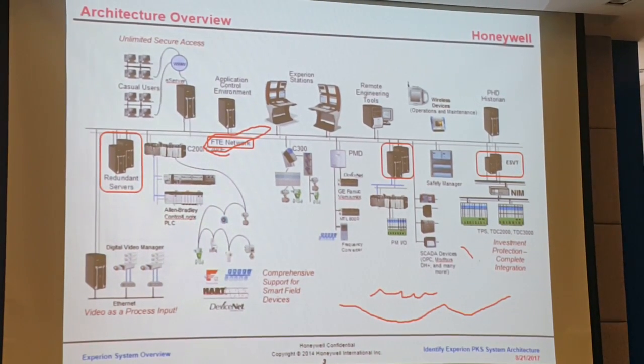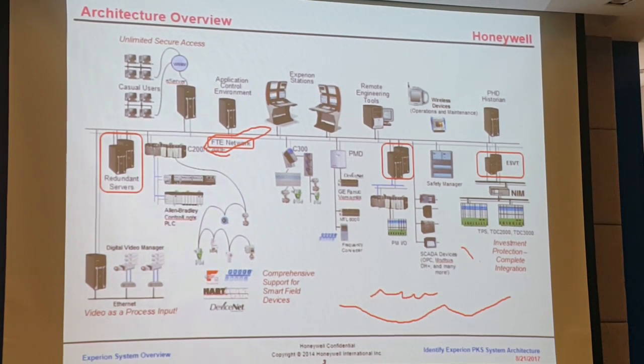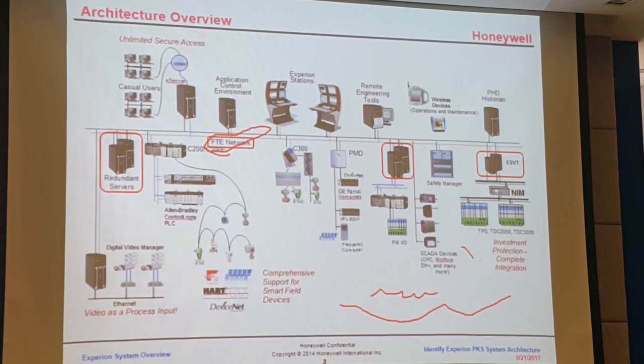We have made it more robust, and for instance, we have given the different components 4 different paths to communicate with each other. If one of those paths fails, the other 3 are still available. So we will get into more detail on FTE, which is the short name for fault-tolerant Ethernet.